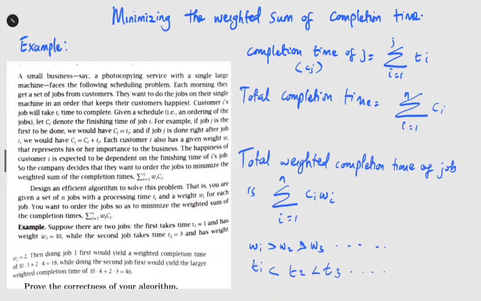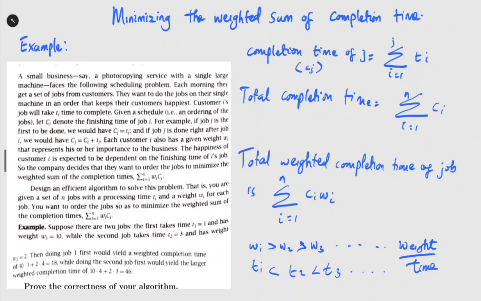These are two different variables, so we would find a way to combine these two variables. Let's call some combination of these two variables a priority, and we'd get the priority by, let's say, weight over time, right?